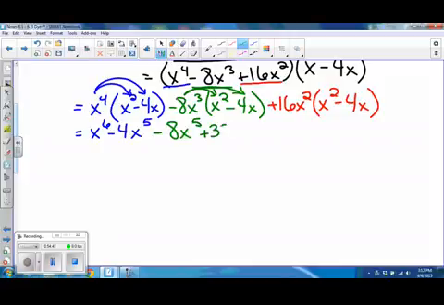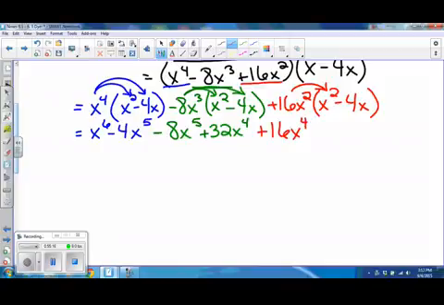Positive 32x to the 4th. What do I distribute next? 16x squared. What do I multiply it by? 16x squared times x squared is what? 16x to the 4th.